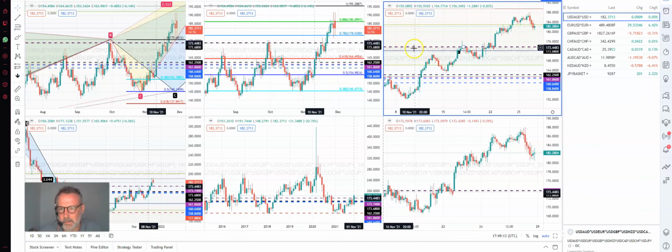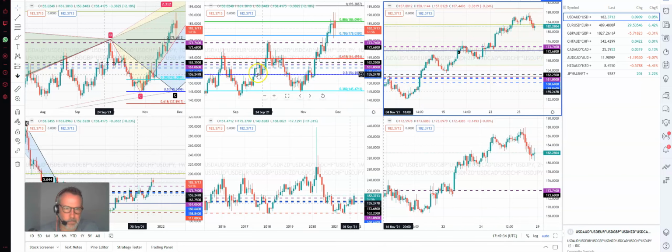These dotted black lines, not all black lines actually, are bespoke support and resistance levels. So you'll see that not just in the single currency charts, but also against all the majors and all the crosses. You'll see these dotted lines, and they highlight where my system highlights support and resistance levels.